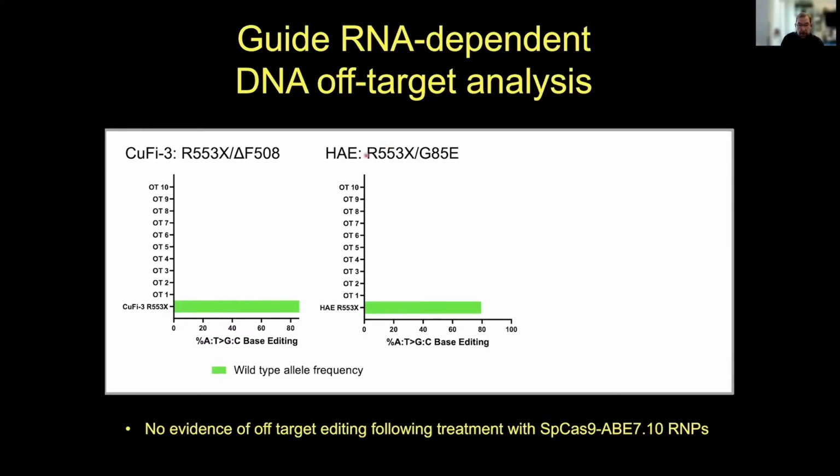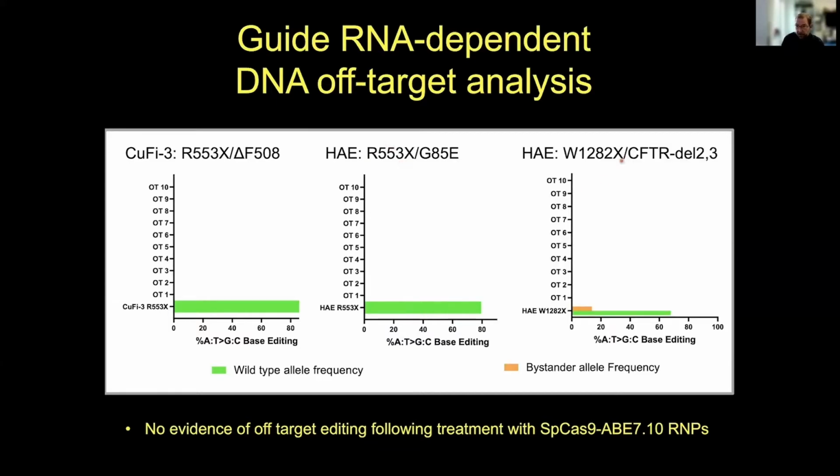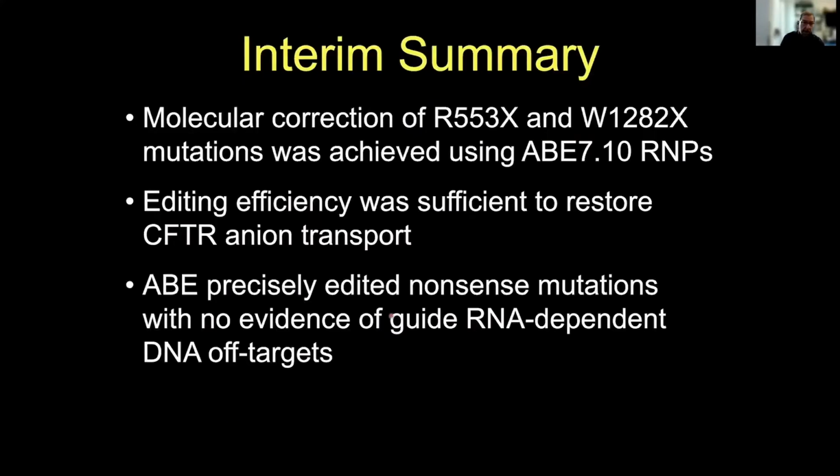The same result was obtained with 553X and 1282X, where we saw the on-target editing and a lower frequency of this bystander edit next door. So the summary so far with this work is that we obtained molecular correction of the 2 stop codon mutations using ABE 710 RNPs.